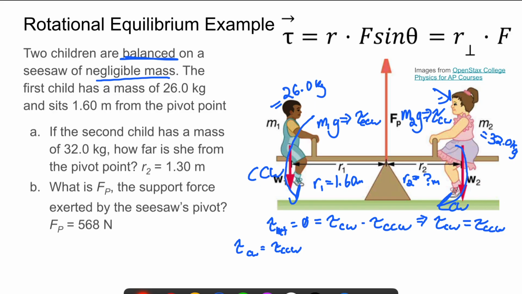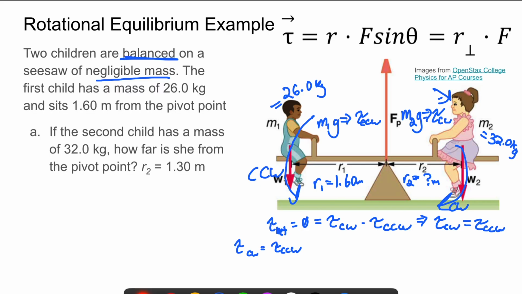So that means we'll take whatever force is providing the clockwise torque times the radius of the clockwise torque.